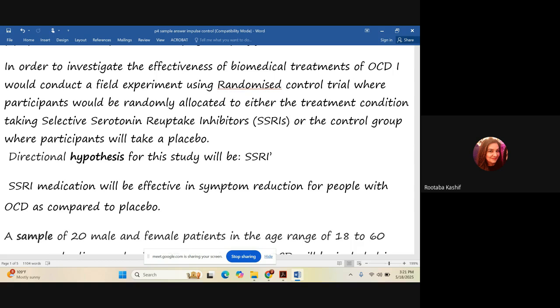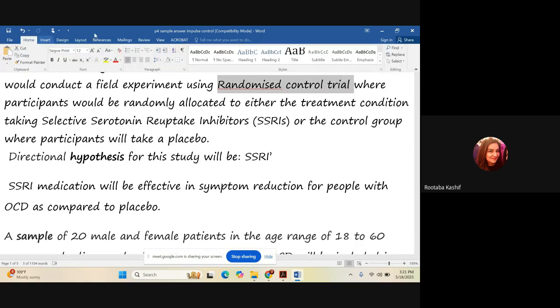So in order to investigate the effectiveness of biomedical treatments of OCD, I would conduct a field experiment using a randomized control trial. What do you think is a randomized control trial? This is a psychological terminology, but what do you think it means?